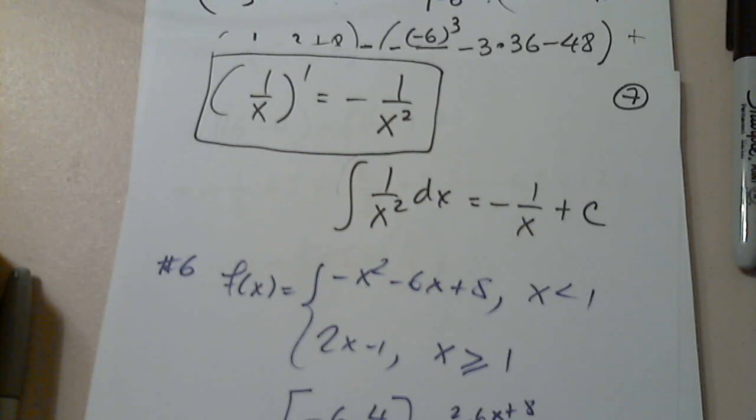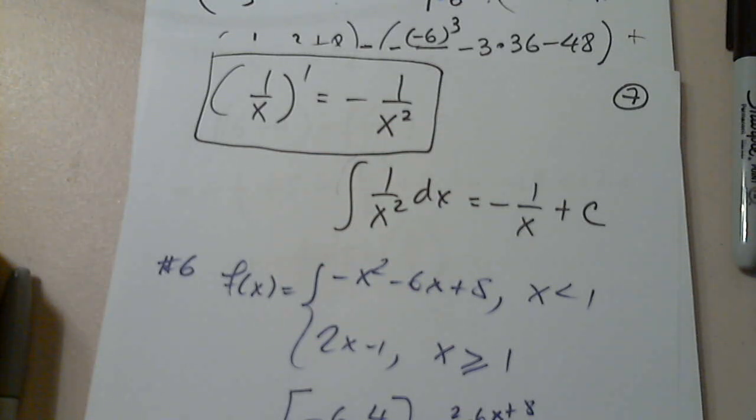And this is 2x minus 1. Was it? Yeah. 2x minus 1. Very nice. Awesome. Brilliant. 2x minus 1. Okay, and then the other one was from negative 6 to 1.